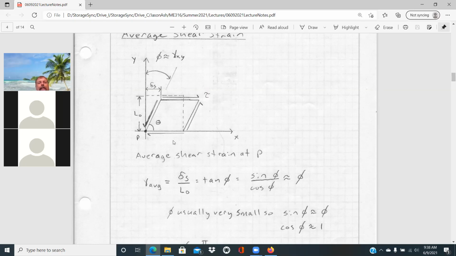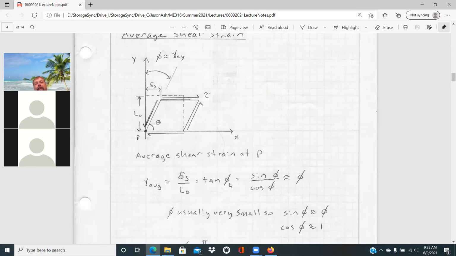And if we define phi as this angle here that develops, the tangent of phi is equal to delta S over L0. And so our average shear strain is equal to the tangent of phi as well, if we were to see that angle.